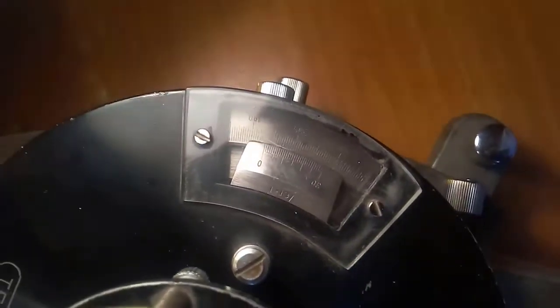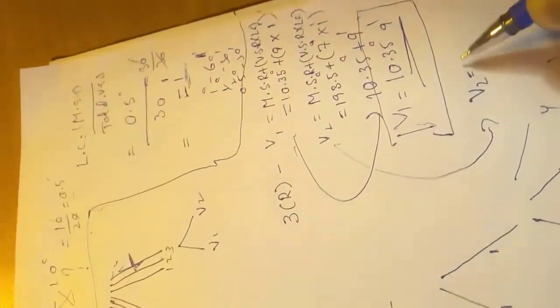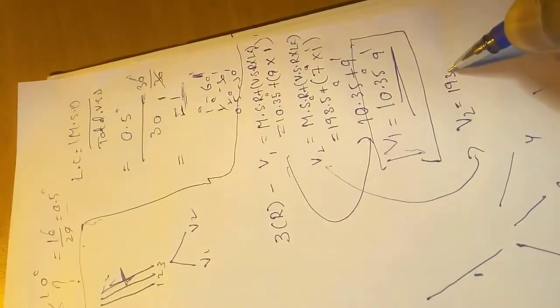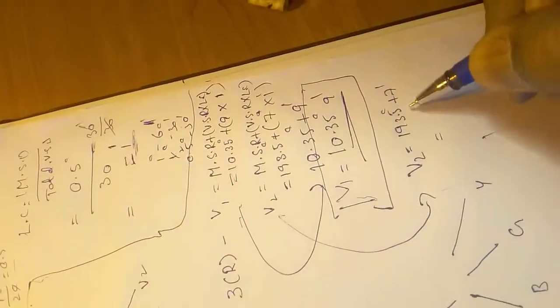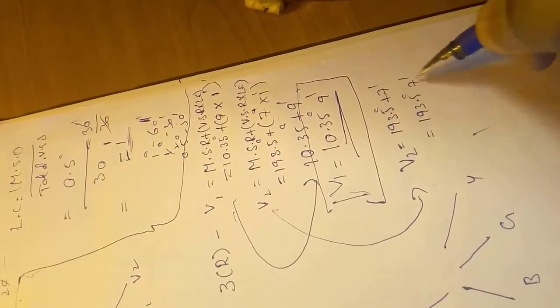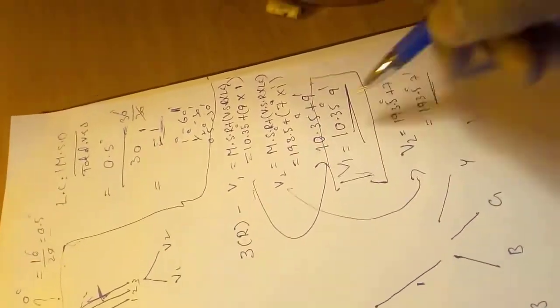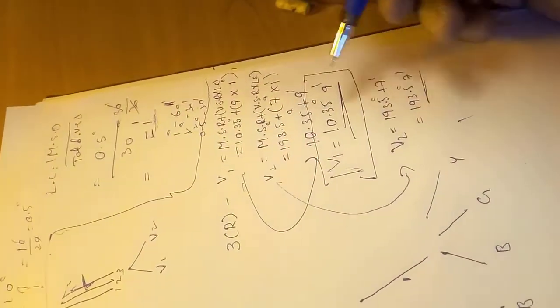Only one line is matching, and that line value you can find out very easily: that is 7. You get 7 into 1 minute. It's not degrees, it is 7 minutes, so you cannot add it. So I have written 193.5 degrees, 7 minutes as the vernier 2 reading.